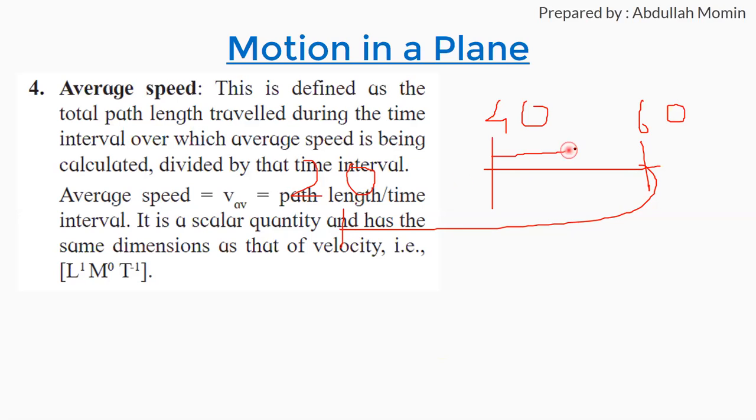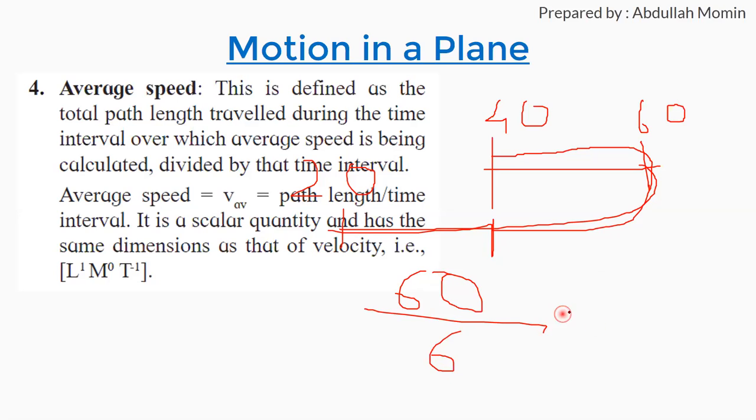So total path length is 20 plus 20 plus 20, that is 60, and if it takes 6 seconds, we will say that speed is 10. So path length is nothing but total distance covered divided by time. It is a scalar quantity and its dimension is the same as that of velocity.